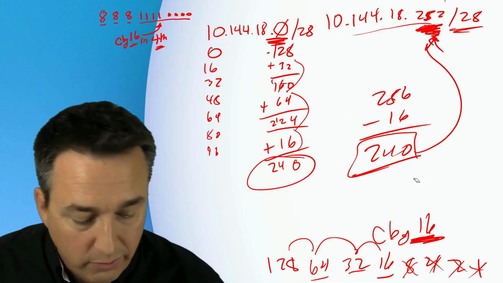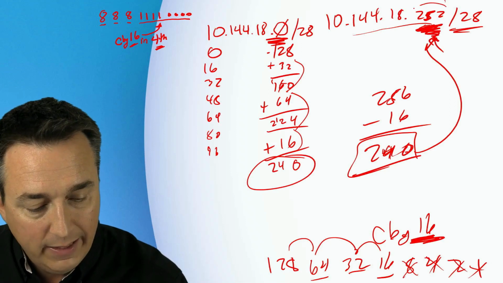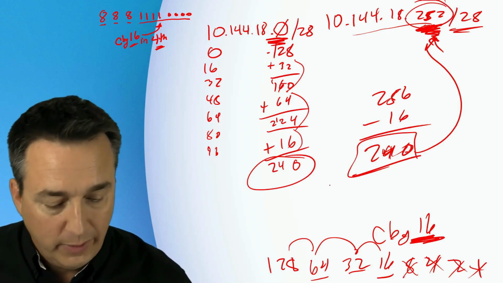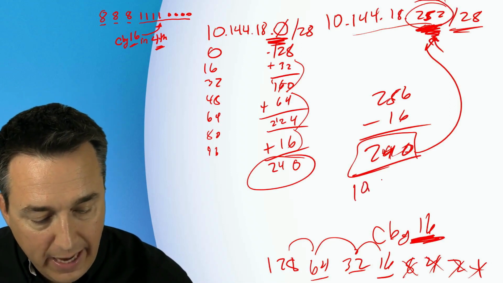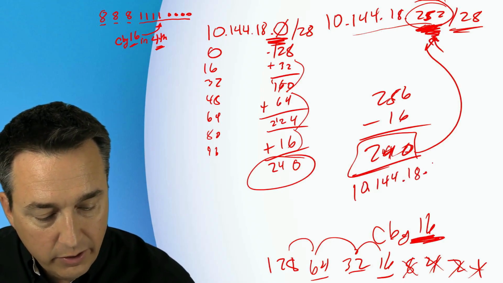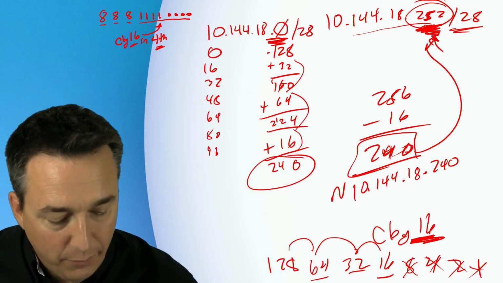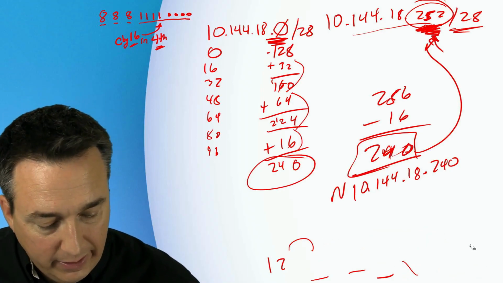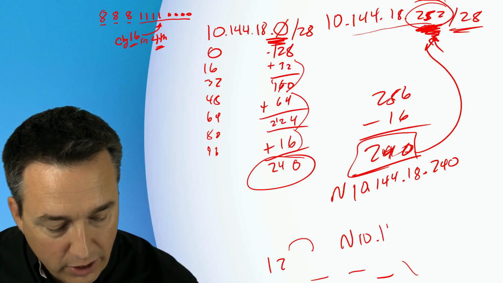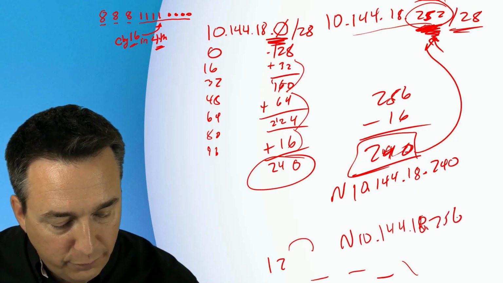So in the end, we figured out that there is a network ID 240 that is as close to that one as we can. So what do we got here? 10.144.18.240 is its network ID. Because the next network ID is actually going to be network 10.144.18.256.